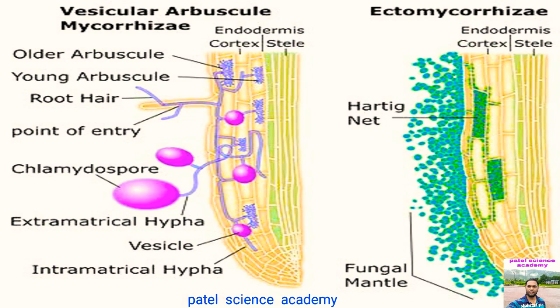Nowadays they are described as AM fungi, capital A capital M fungi. Plants with VAM grow luxuriantly in less irrigated land, and the association of VAM with crop plants helps in the conversion of less productive fields into more productive fields.